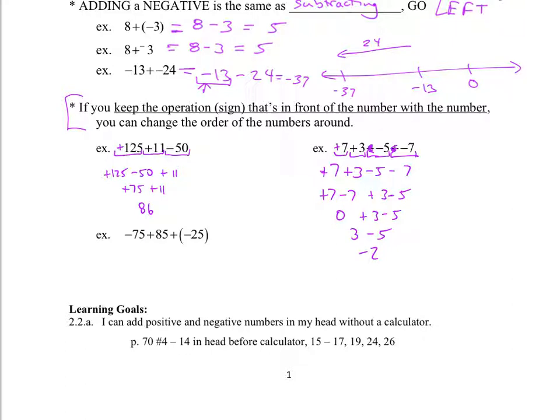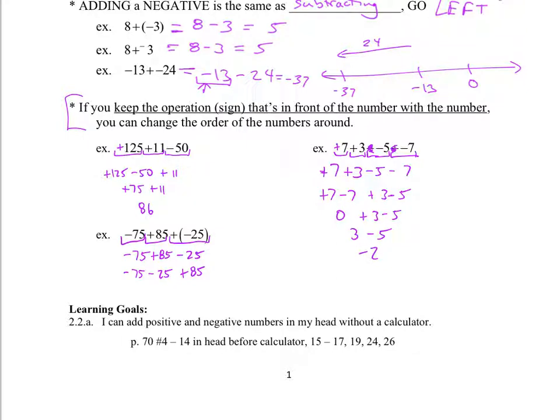This next one is a little easier probably to reorder it. You have a negative 75, a positive 85, and then you have a plus minus again. So let's rewrite that. Negative 75 plus 85 minus 25. 75 and 25 fit well together, so negative 75 minus 25 plus 85. So I move the order around.